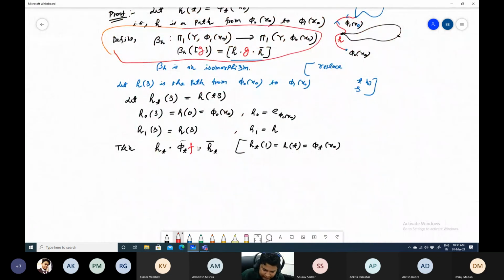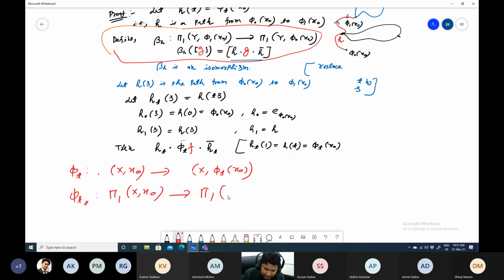So that means phi t star is a map from pi 1 of X comma x0 to pi 1 of Y comma phi t x0.